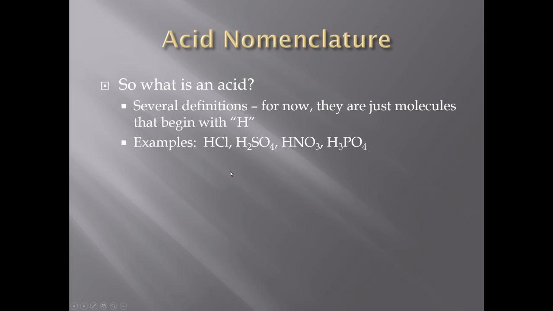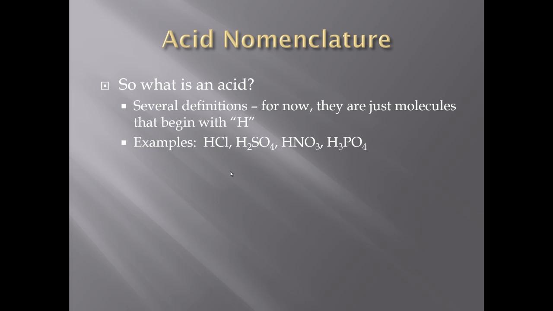So, what is an acid? Well, there are several definitions. If you search the internet for what is an acid, you're going to get a lot of different definitions, like it donates a proton, or it accepts a hydroxide anion.